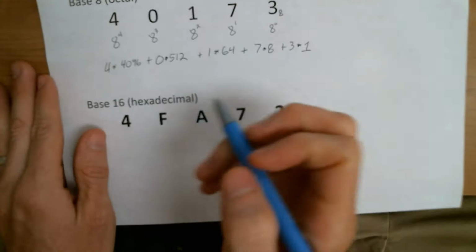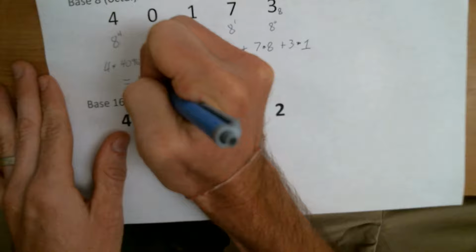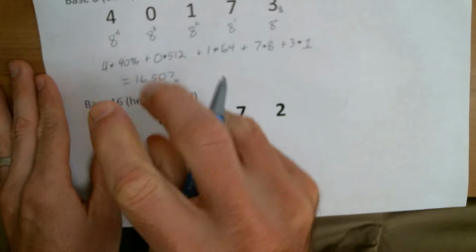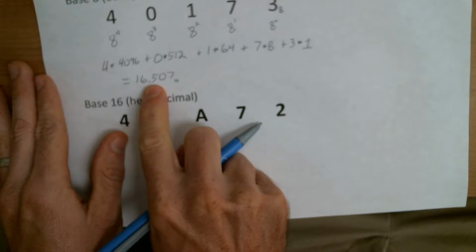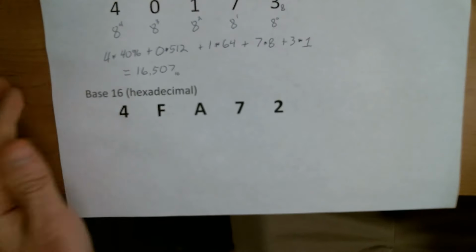And then if we work those all out, it would be 16,507 base 10. So in our number system, 16,507 is 40173 in base 8.